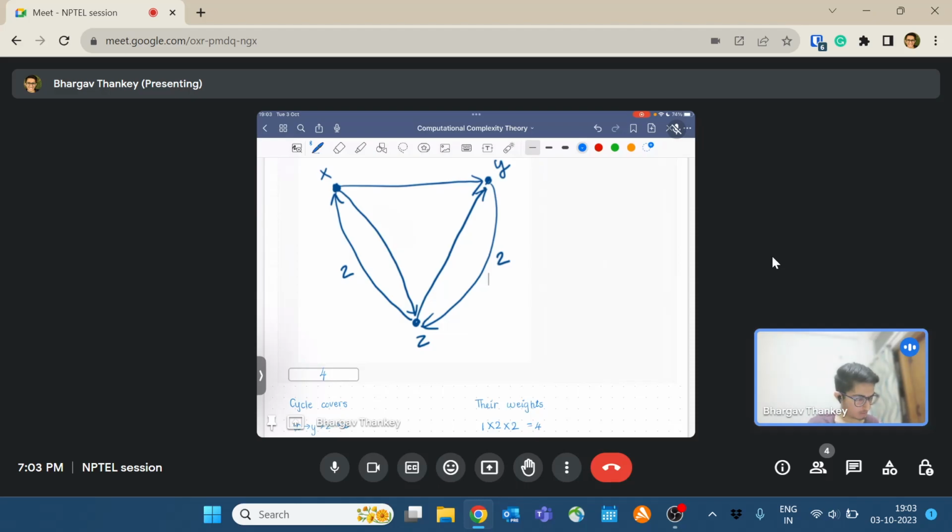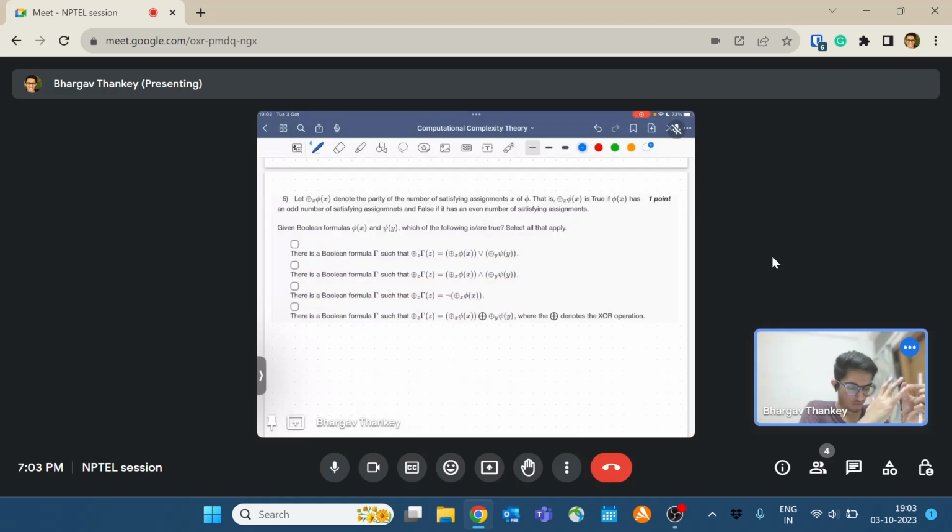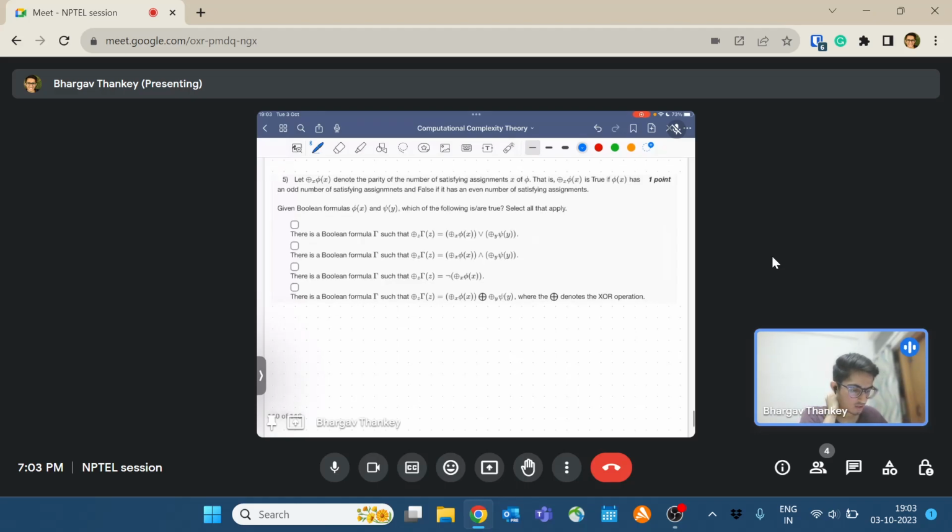So let's look at the next problem. Let parity_x phi(x) denote the parity of the number of satisfying assignments x of phi. That is, parity_x phi(x) is true if phi has an odd number of satisfying assignments and false if it has an even number. Given formulas phi and psi, which of the following is or are true? Select all that apply.